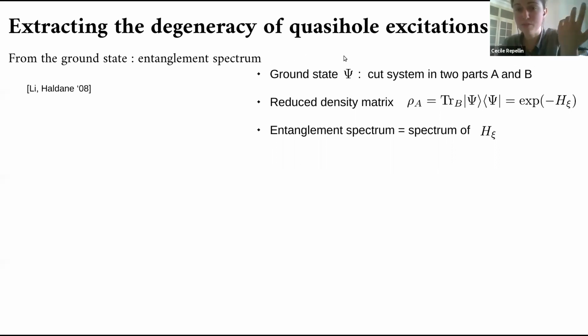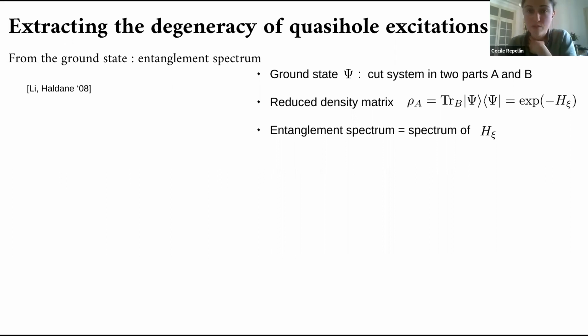If you have a many-body state psi, you can cut the system into two parts to obtain the reduced density matrix, which is a partial trace of the density matrix. And the entanglement spectrum in general is the spectrum of this reduced density matrix.